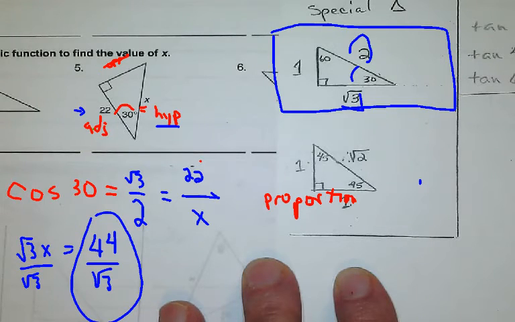But all they want to know is what is it equal to. That's what it's equal to. 44 divided by the square root of 3. There we go. That's how long the hypotenuse is. Let's do it again. One more time.